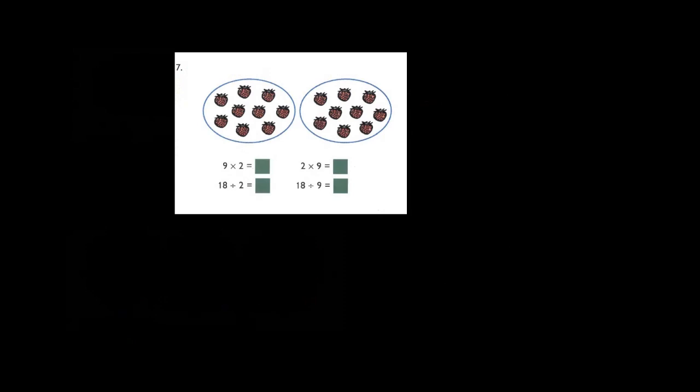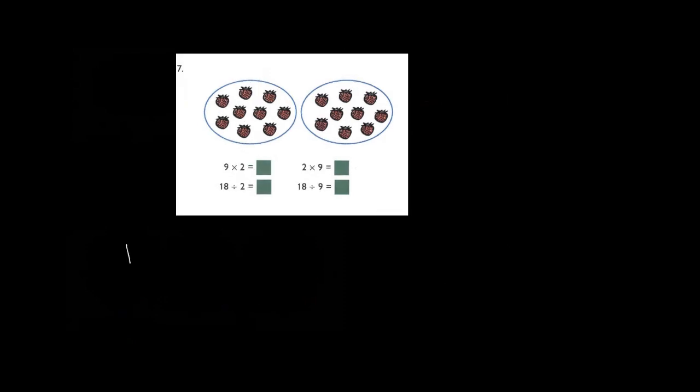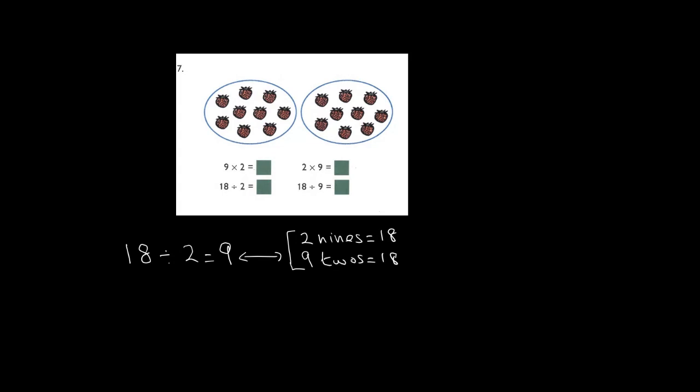Because we know that 18 divided by 2 is equal to 9 actually means one of two things. It means that 2 nines are equal to 18, or 9 twos are equal to 18. So these are the two meanings that we can give to this box.